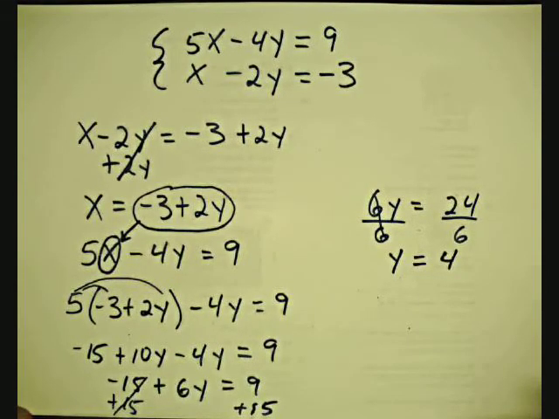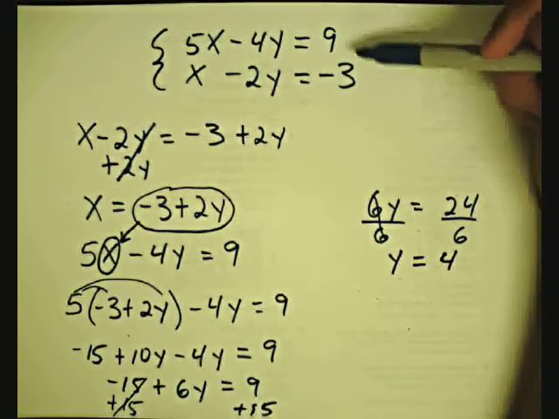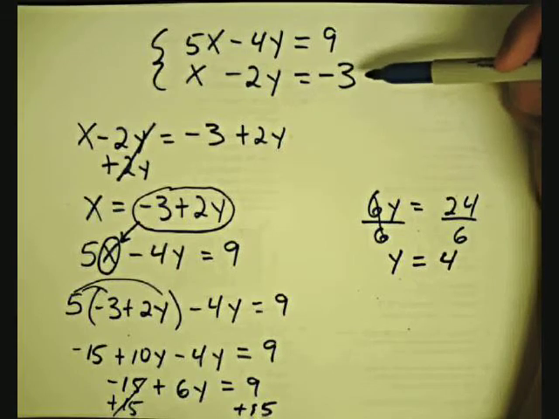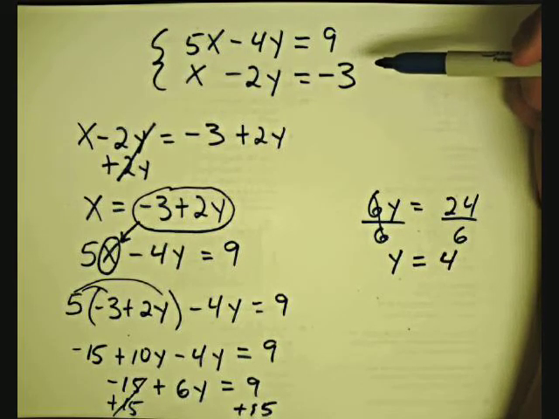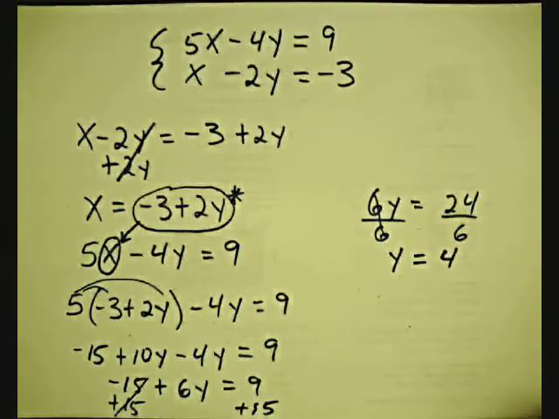To get the other half of our solution, x, you either want to go back to one of your original two equations, put in 4 for y into one of them, and solve for x, or the easiest thing is, now that we have y equal to 4, we can go back to what we substituted and put y equals 4 in, and we'll get x.